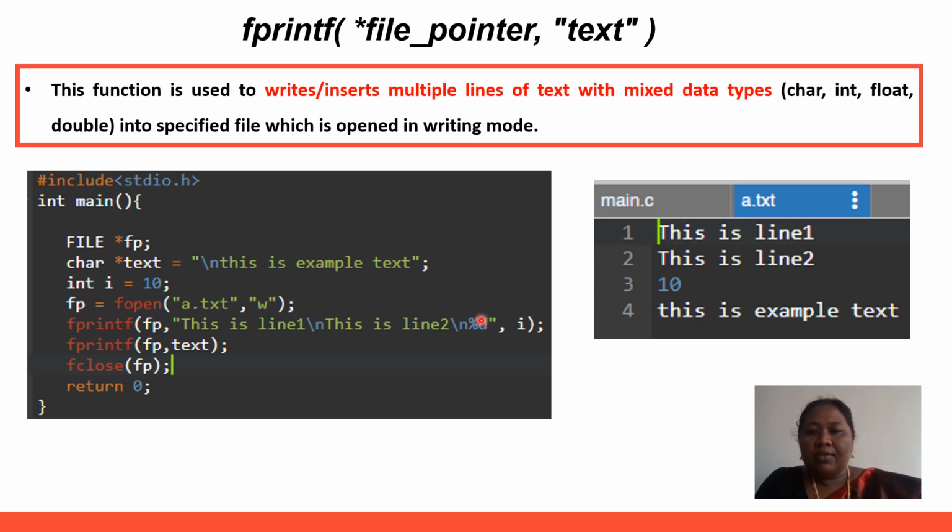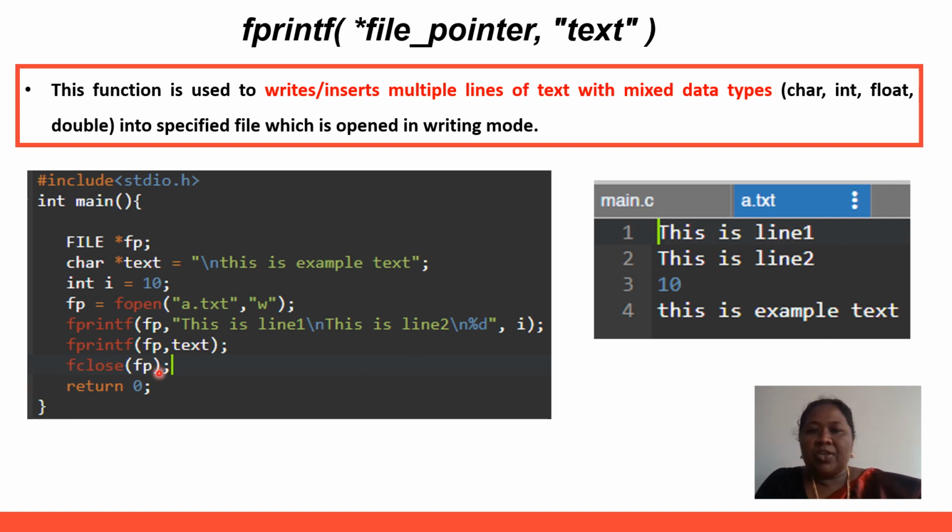And if you want one more data, you can type 10 straight away, or otherwise you can mention its specifier and then mention its corresponding variable name. So this is how you can dynamically fetch some data, mix it in between, and send it back to the file. Any form of data you want to send, characters or a string or an integer, multiple lines of text, even inserting a line, that is possible.